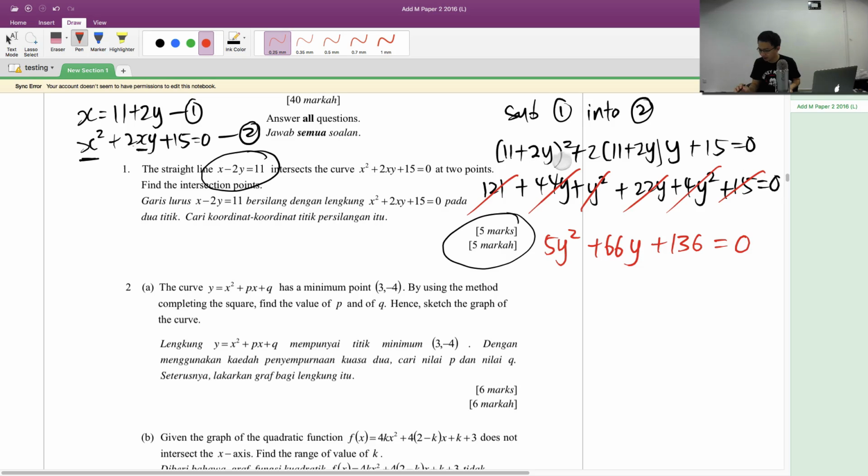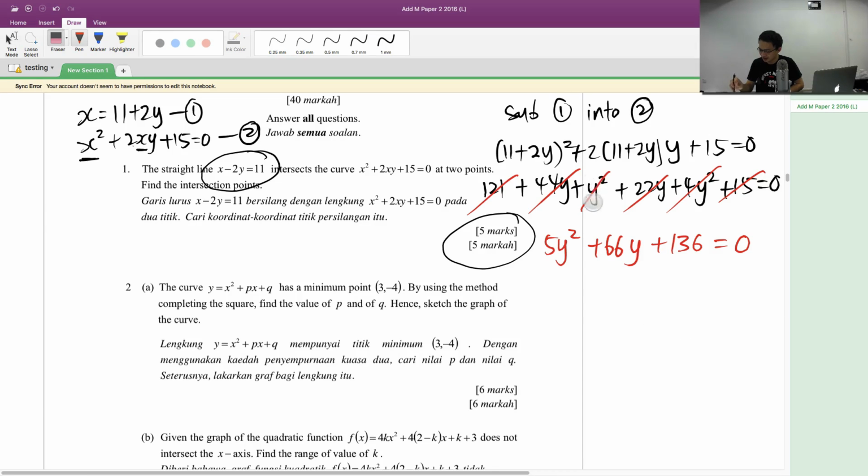Yes, it's 121. 44y plus y squared plus 22y plus 4y squared plus 15. It's pretty much no mistake here, unless I missed a minus. No. Normally for this kind of question you forget to square the 2. Ah, no wonder, thanks for that. This one is not y squared. Definitely this one is 4y squared.